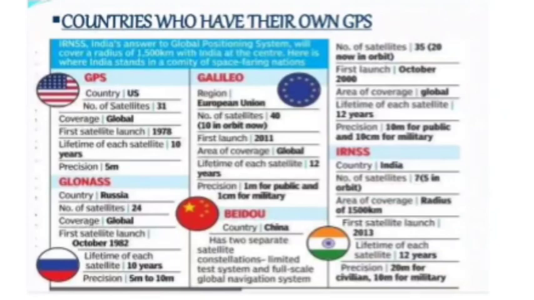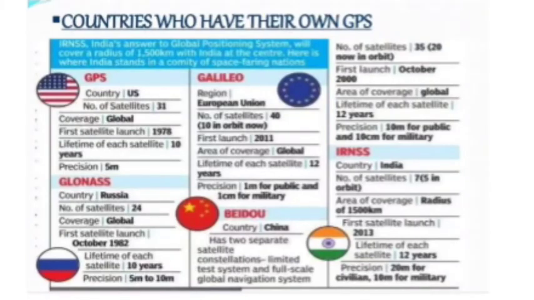Countries that have their own navigation systems: GPS belongs to the US, GLONASS belongs to Russia, Galileo belongs to the European Union, and BeiDou belongs to China. India depended upon GPS, which belongs to the US system, because it did not have its own navigation system.